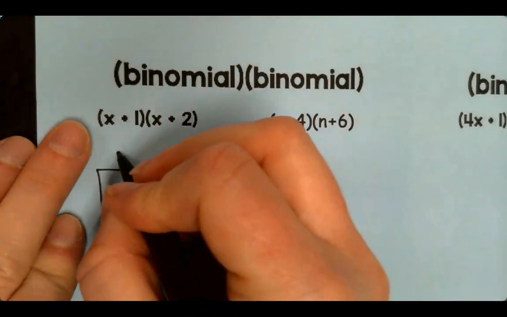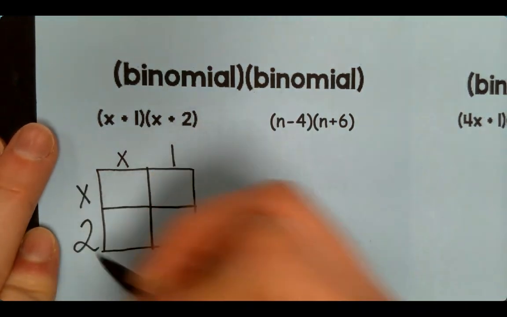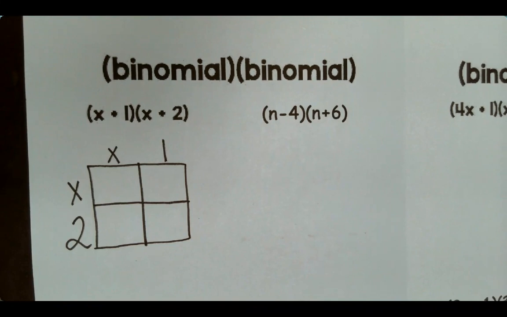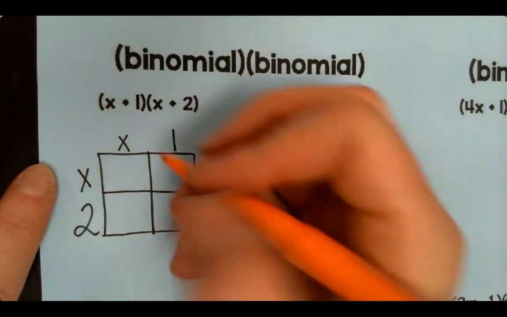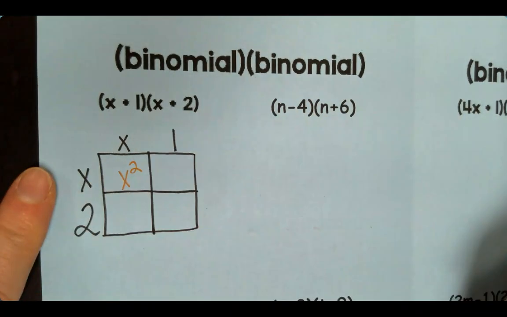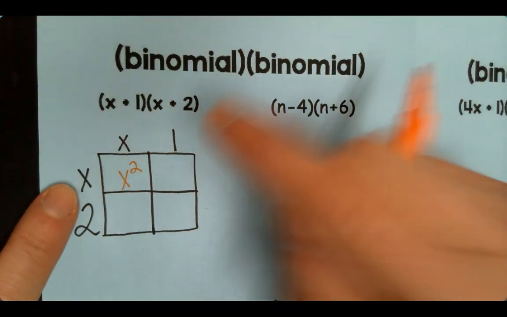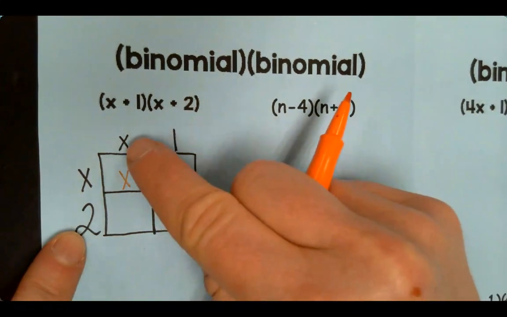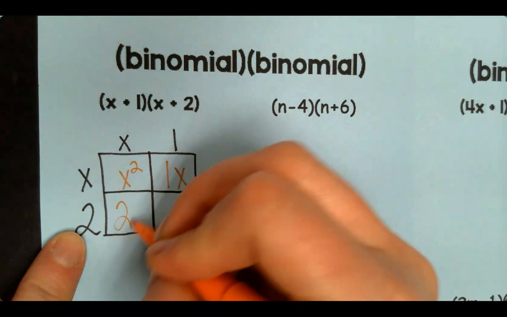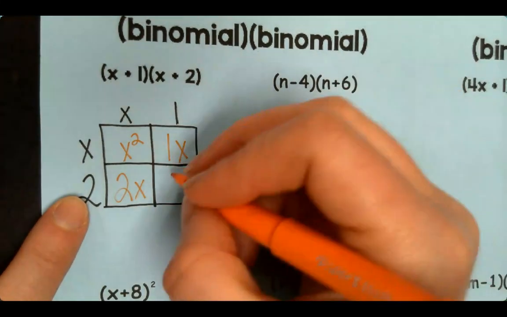So this on top is going to be x plus 1. Side is going to be x plus 2. And now we multiply. X times x is x squared. 1 times x, 1x. 2 times x, 2x. 2 times 1, 2.